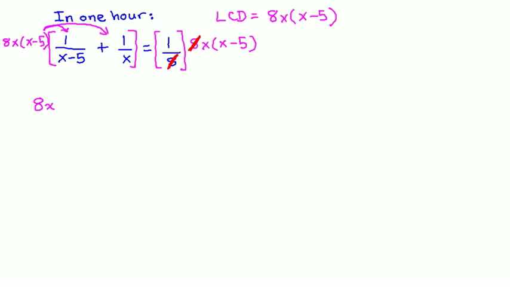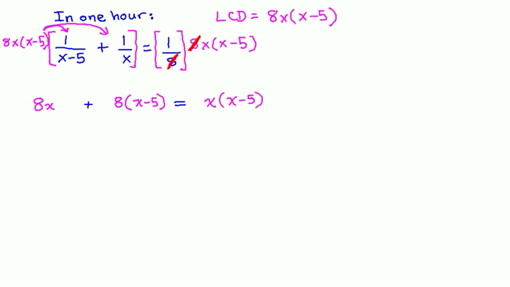In my second term, the x factors would cancel, and I would have just 8 from my LCD and x minus 5 from my LCD remaining. On the right-hand side, as I saw, just the 8 factor canceled, so I still have x and x minus 5 from my LCD.